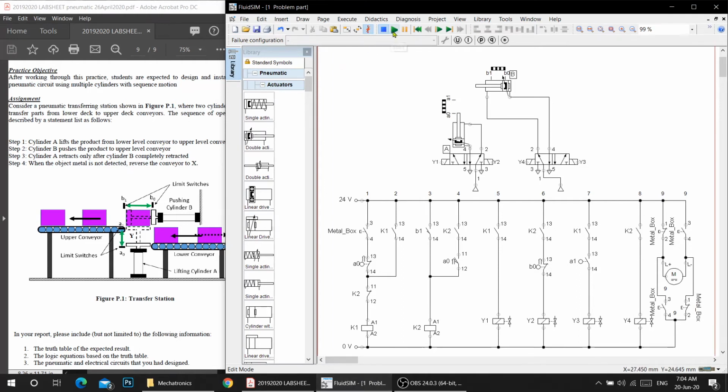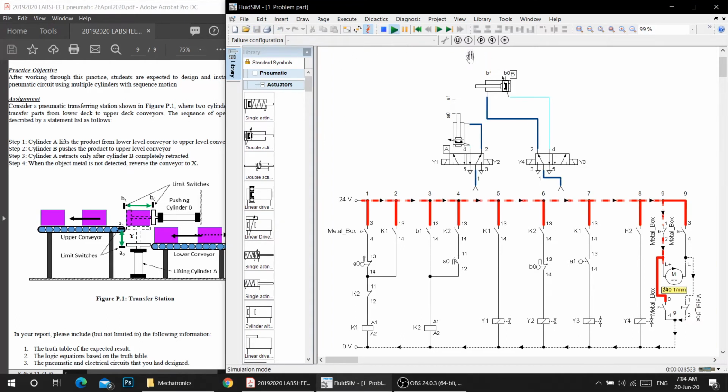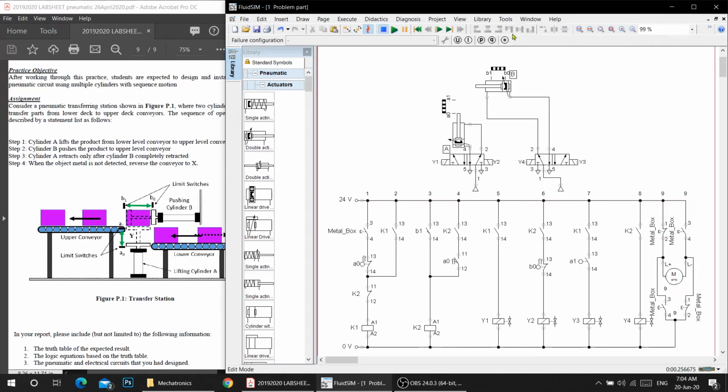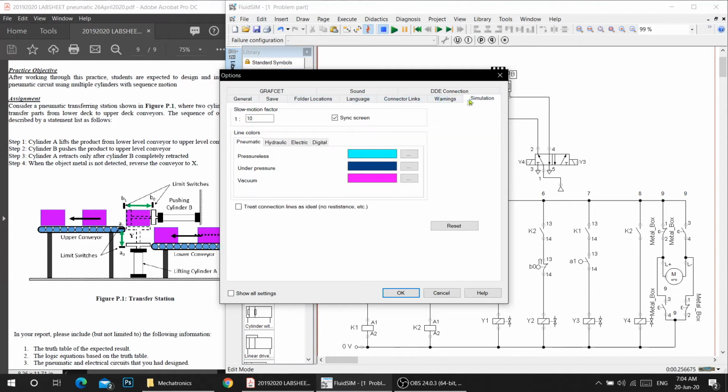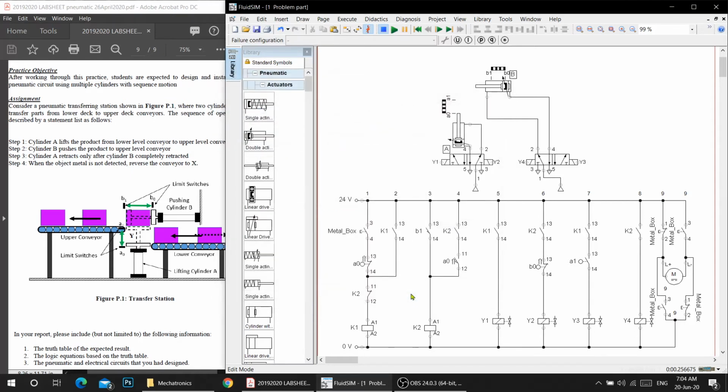So let's take a look at the simulation. As you can see when I press play, just as a heads up, I have slowed down the simulation by a factor of 10 so that we can watch the simulation in slow motion.